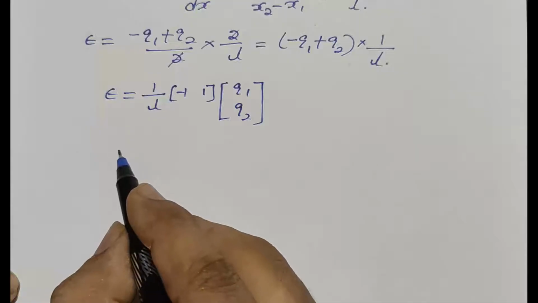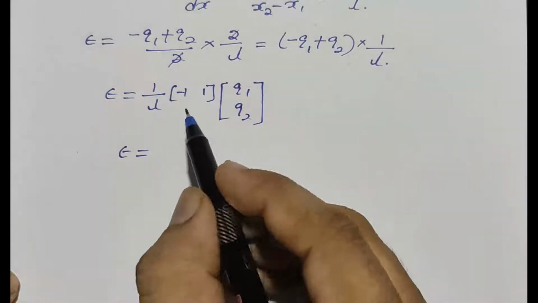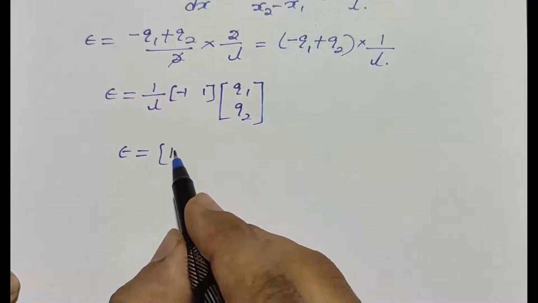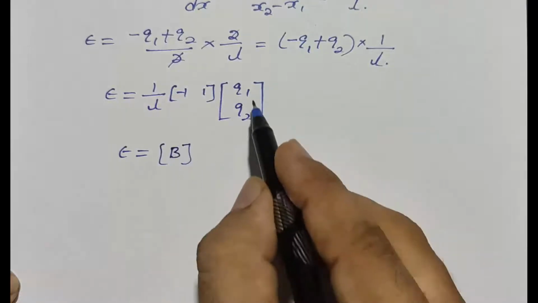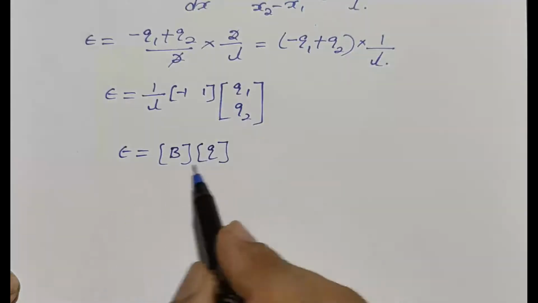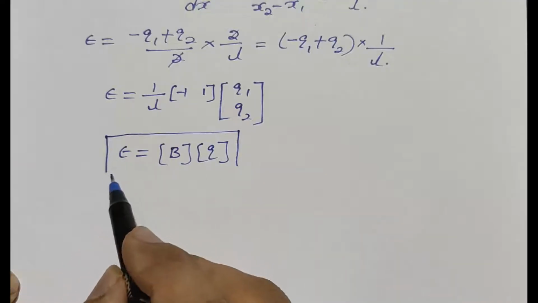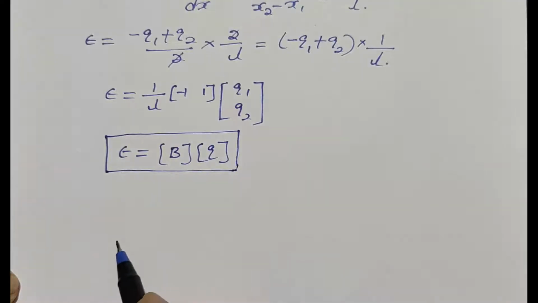We write epsilon is equal to B Q. So this is the equation for strain epsilon.